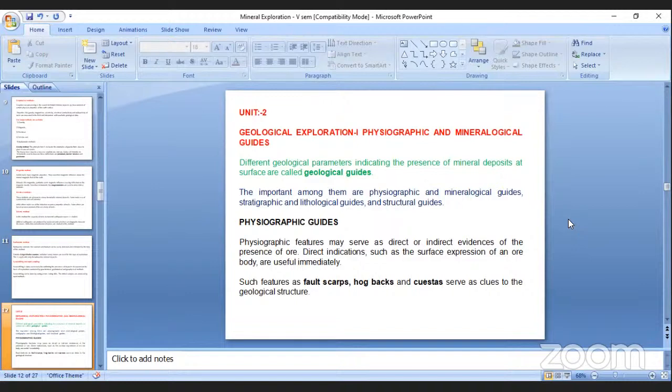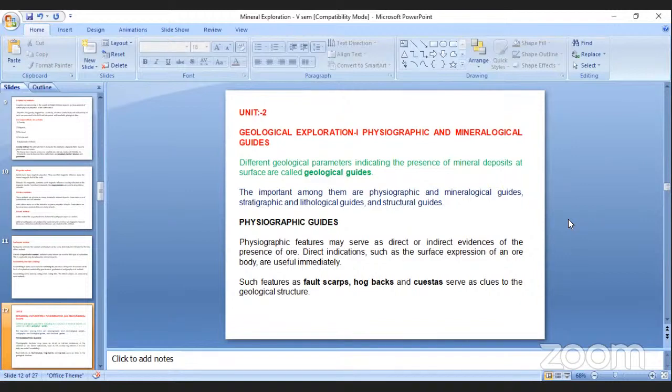Now let us see the different geological patterns and parameters which indicate whether a mineral is present or not. Such guides are called geological guides, and they depend on physiographic conditions and mineralogical guides.